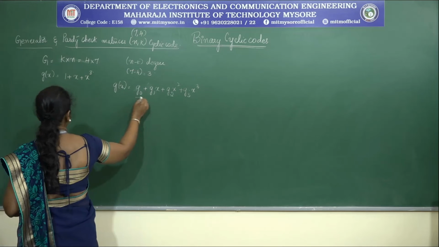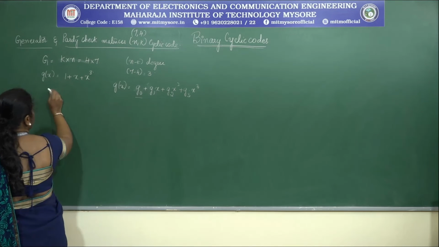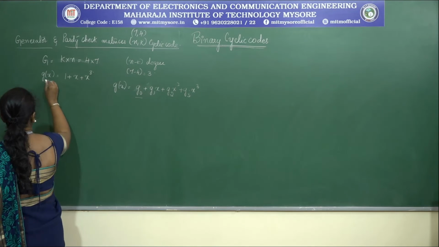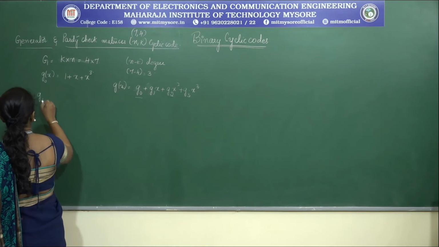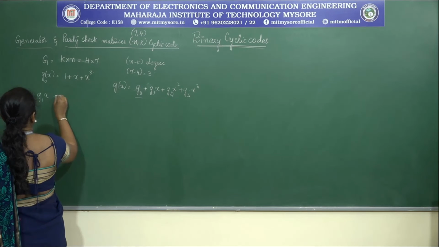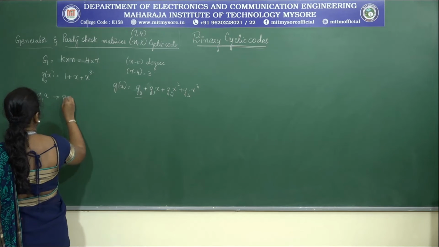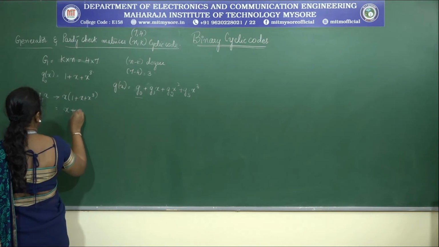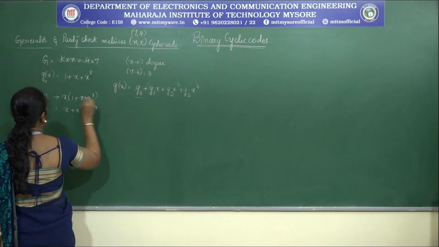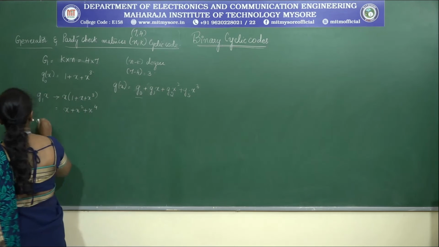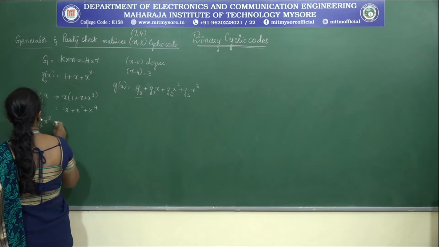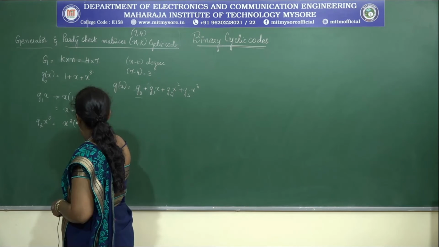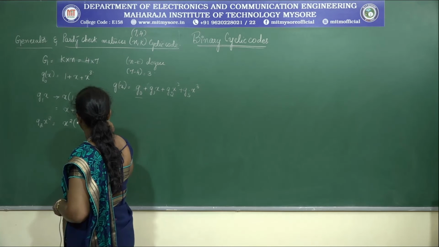that first, g naught of x is this one. Next we have g1 into x, so we need to multiply by x. So you will be getting x plus x square plus x to the power of 4. Then we have g2 into x square, which is x square into 1 plus x to the power of 3.